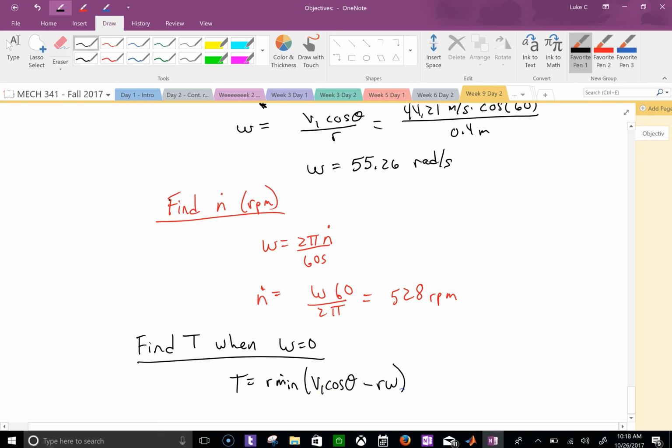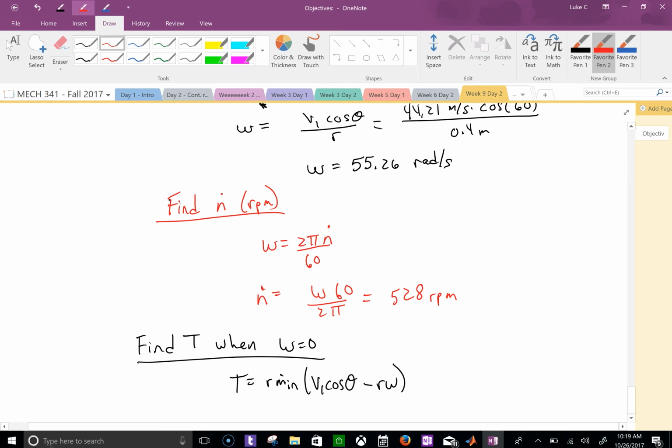I want to know what the torque is that's generated, or the amount of force. You know the radius, right? What's in the denominator of that omega? The 2 pi and 60 seconds. I'll just put 60 here.